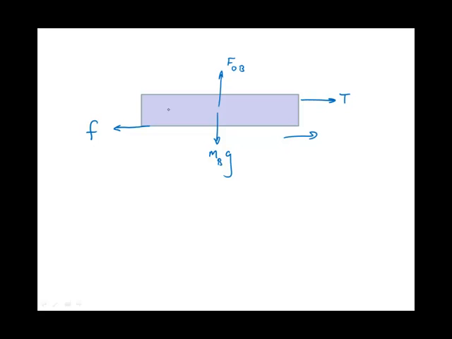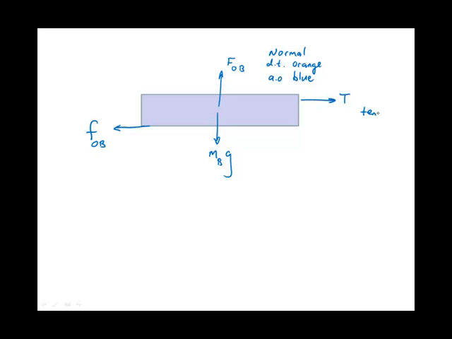Now that's the frictional force due to the orange beam acting on the blue beam. And so there are the forces acting on the blue beam. So let me just write those out because it's really important. So this is a normal force due to the orange beam acting on the blue beam.